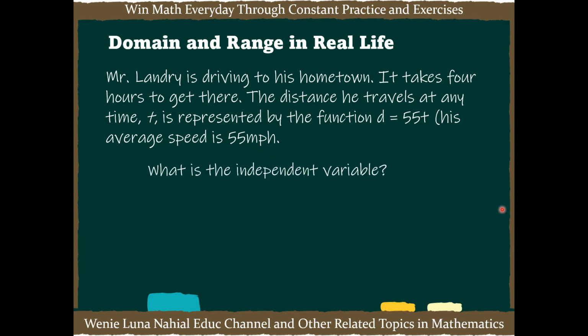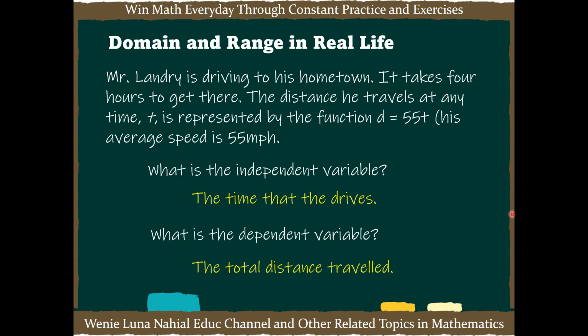So in this case, our independent variable is the time that he drives, and the dependent variable is the total distance traveled. Take note in this particular example that the total distance traveled is dependent on the time spent driving.